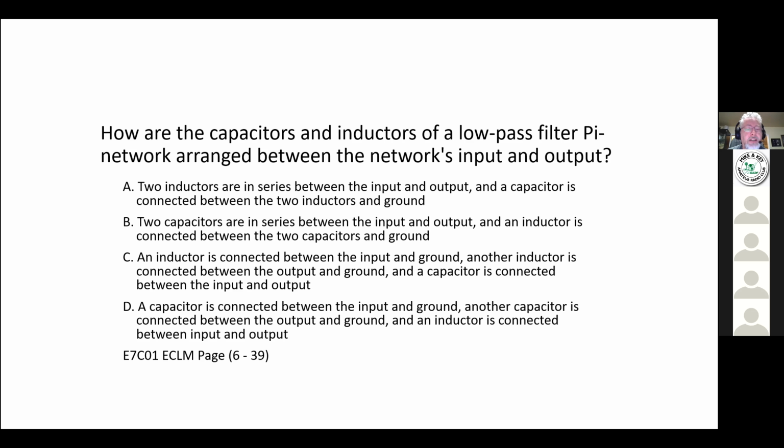C, an inductor is connected between the input and ground. Another inductor is connected between the output and ground, and the capacitor is connected between the input and output. D, a capacitor is connected between the input and ground. Another capacitor is connected between the output and ground, and an inductor is connected between the input and the output.